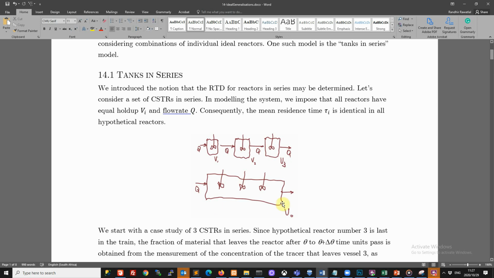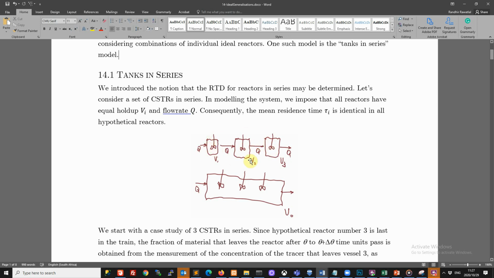In any event, if we have a series of reactors, we are going to try to develop the RTD for the entire group. In contrast with the earlier case where we looked at the age distribution for a single CSTR, we want to know the time spent by the fluid if it could be retained in any of these reactors.